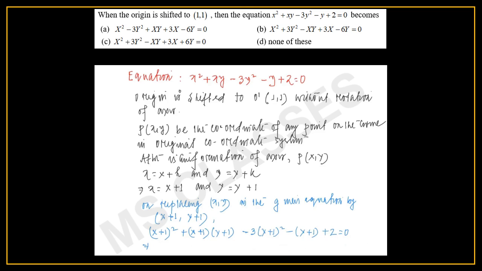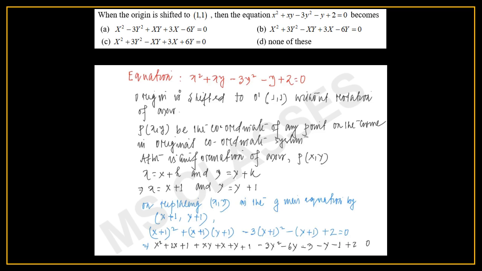We can write this as X square plus 2X plus 1 plus XY plus X plus Y plus 1 minus 3Y square minus 6Y minus 3 minus Y minus 1 plus 2 equal to 0.